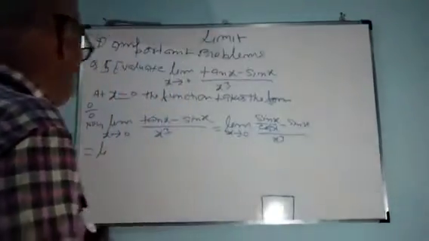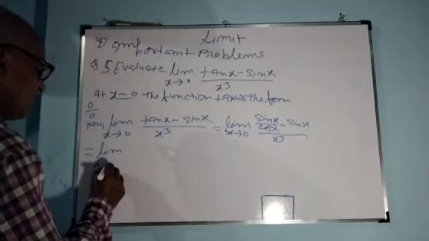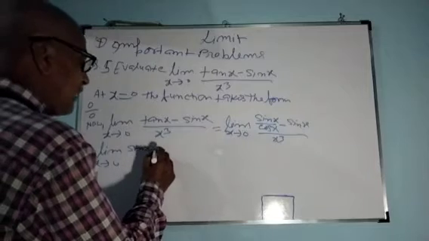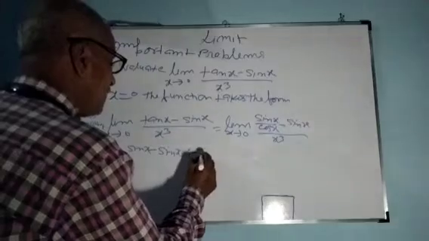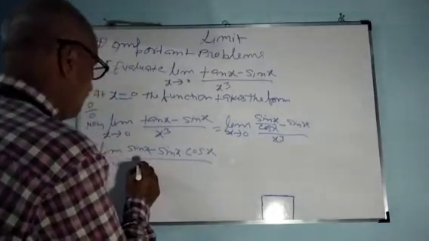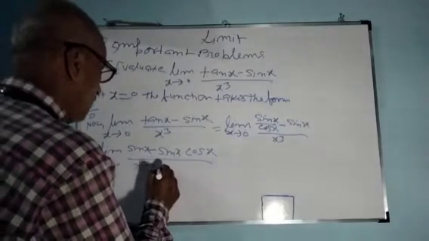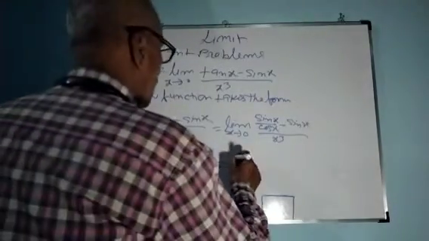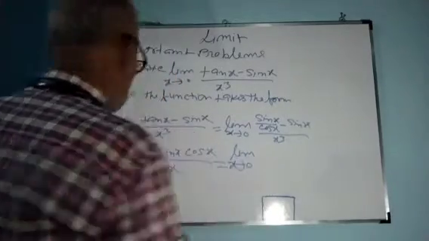See, limit x tends to 0, sin x minus sin x into cos x by x cube into cos x, is equal to limit x tends to 0.